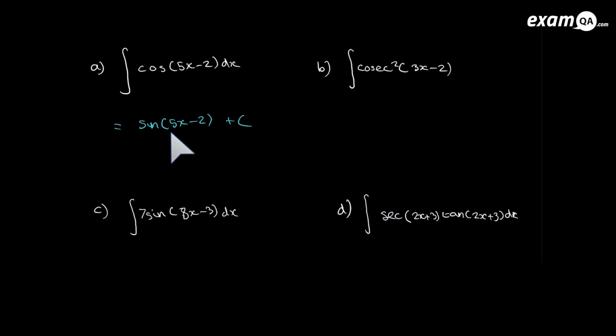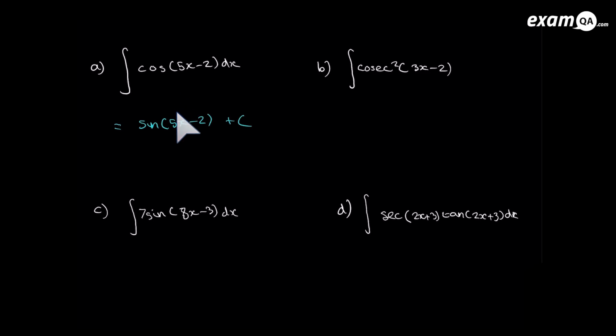And we're going to find out the missing bit by trying to differentiate the answer we've given so far. If you differentiate the answer we've given so far, you should go back to the question. So what's the differentiation of sine(5x - 2)? It is going to be cos(5x - 2), but there will be an extra 5 in front of it because of the chain rule. So it's not going exactly back to the question.